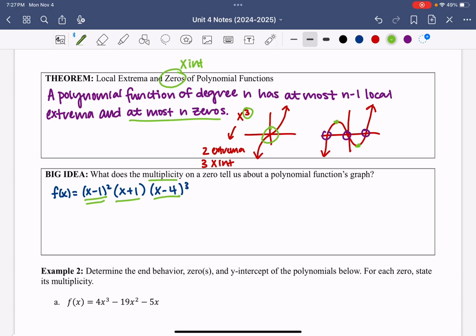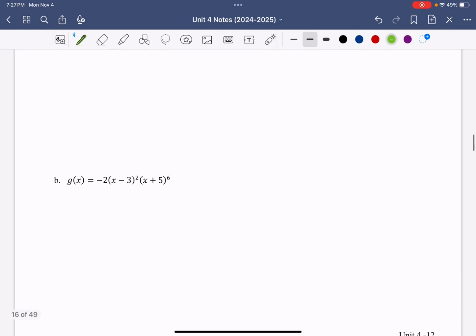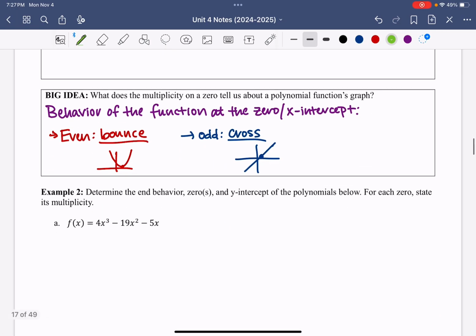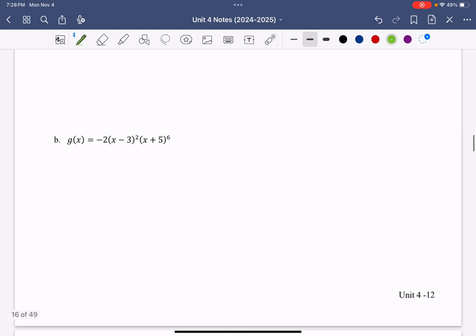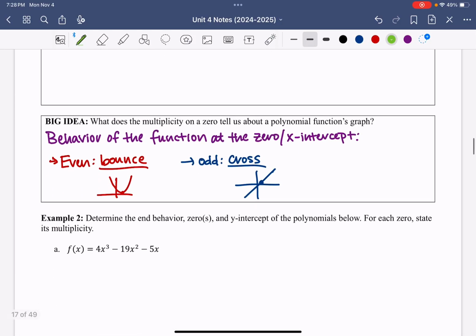So the multiplicity is important to us because it's going to tell us the behavior of the function at the zero or the x-intercept, okay? So if we have an even multiplicity, so for instance, in my last example, I had an x minus 1 squared term. That tells me that at that point, at x equals 1, I'm going to bounce off the x-axis, okay?